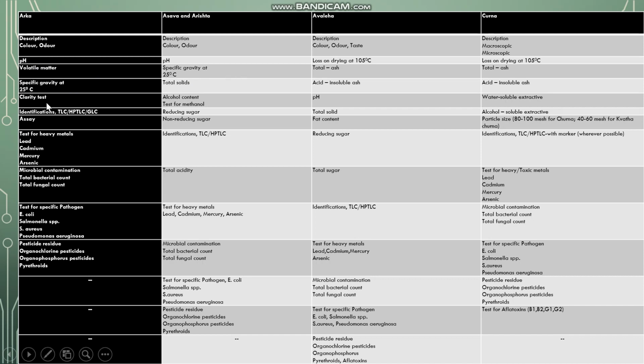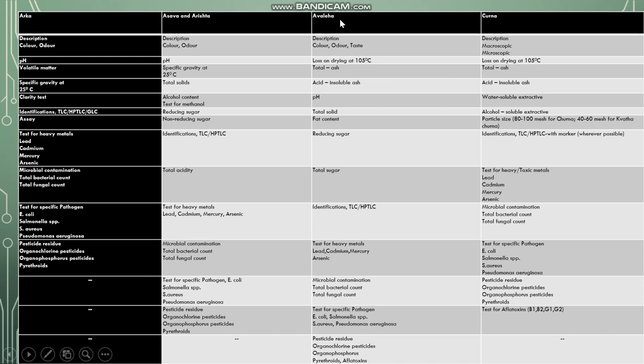Next, clarity test is very important. Then test for heavy metals, and alcohol content determination will also come. That is very important for Asava and Arishta. This is written over here, alcohol content determination. And test for methanol, very important. So these are the common tests, like test for specific pathogens, test for pesticide residue, organochloride pesticides, pyrethroid, etc.